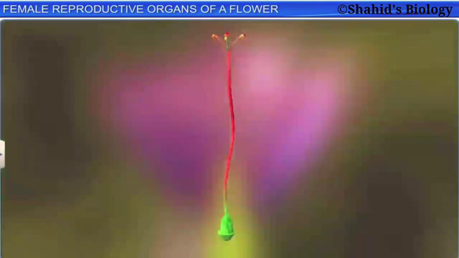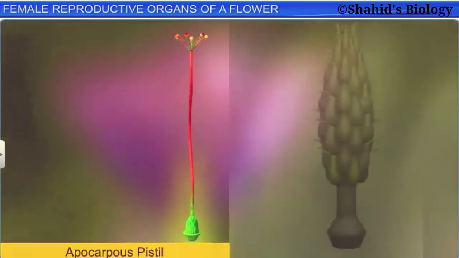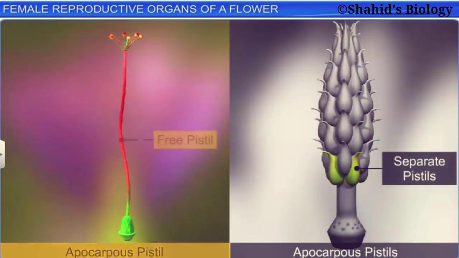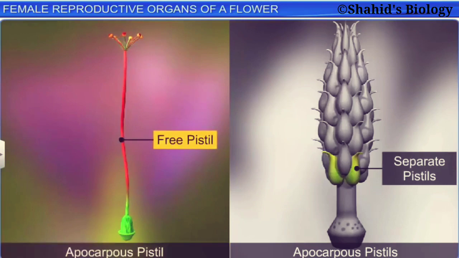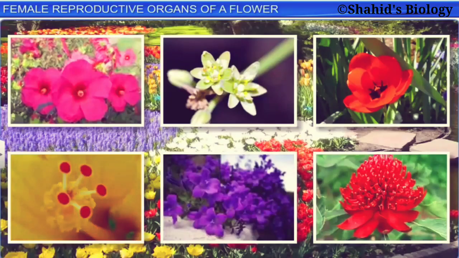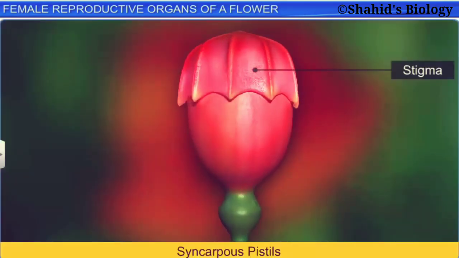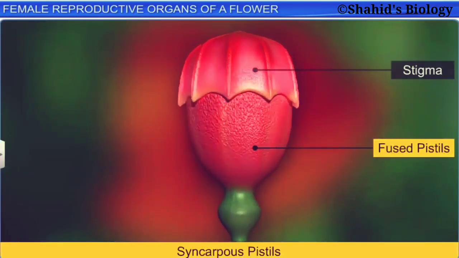Moreover, a multicarpellary gynoecium may be apocarpous, that is, the pistils are free, or syncarpous, where the pistils are fused.